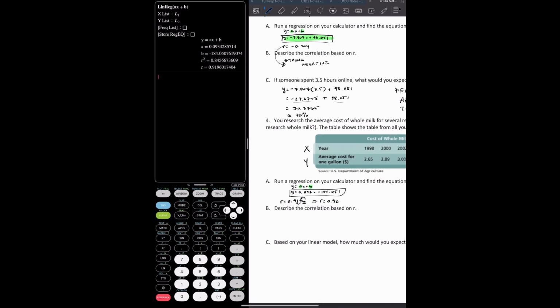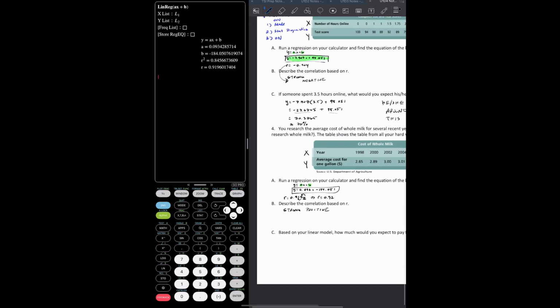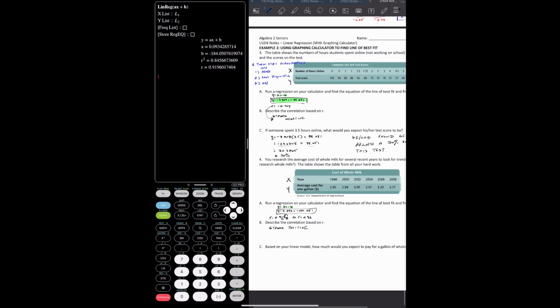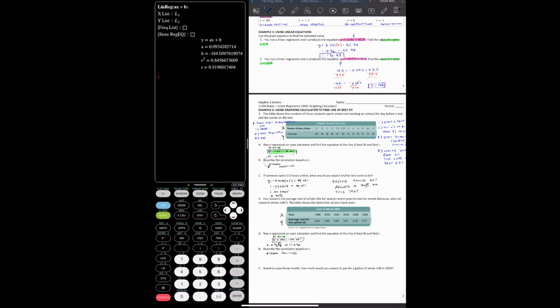So describe the correlation based on r. We know that this is a positive number, and 0.92 is very close to 1, so this is a strong positive. So based on your linear model, how much would you expect to pay for a gallon of whole milk in 2020?